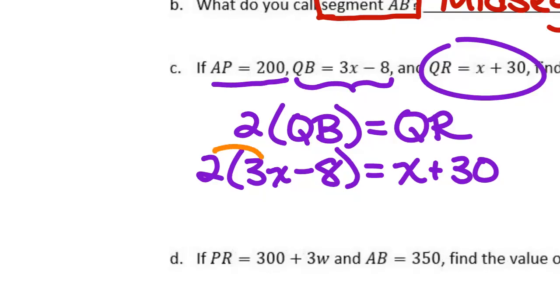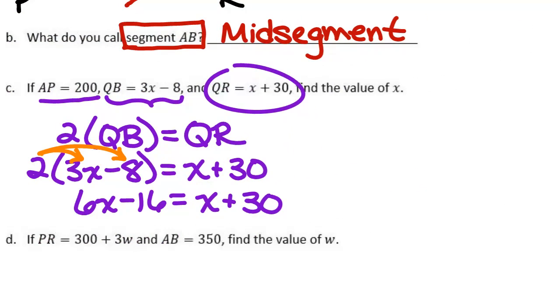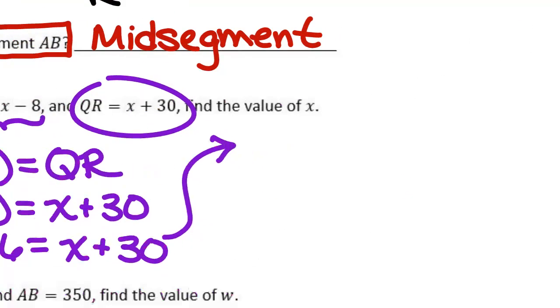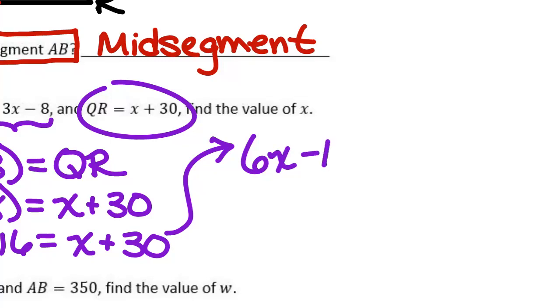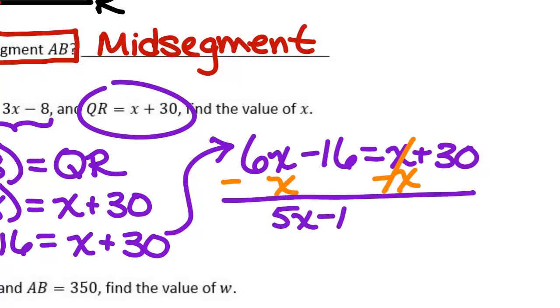I'm going to take that 2 and distribute it. Remember, we multiply when we distribute. So that would be 6x minus 16 equals x plus 30. Move my work over here. I need to get my x's to the same side, so I'm going to minus x from both sides so that I can make it cancel on the right. So that would be 5x minus 16 equals 30.